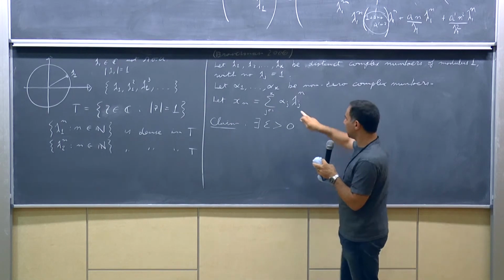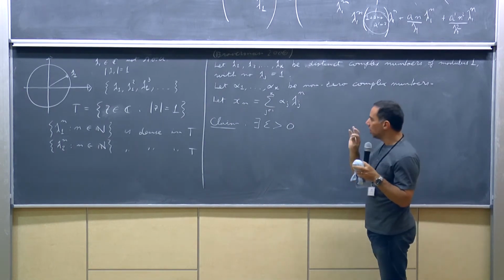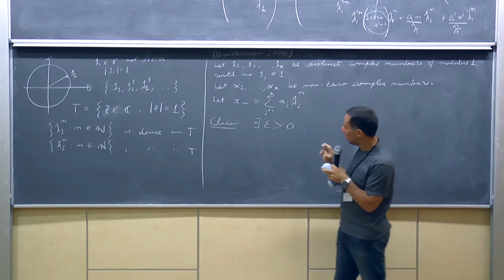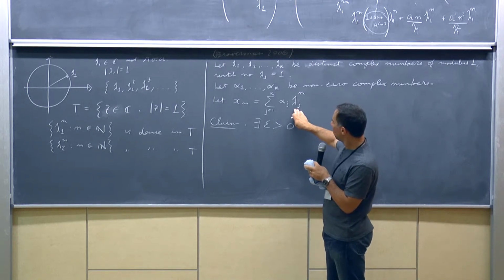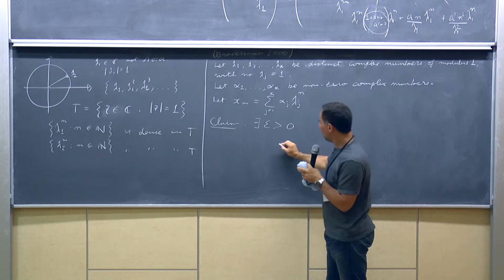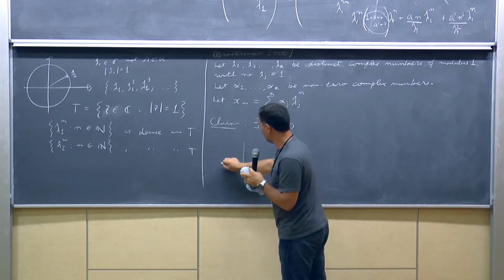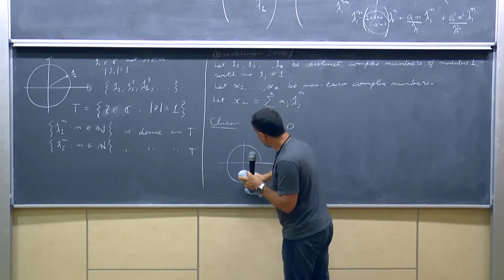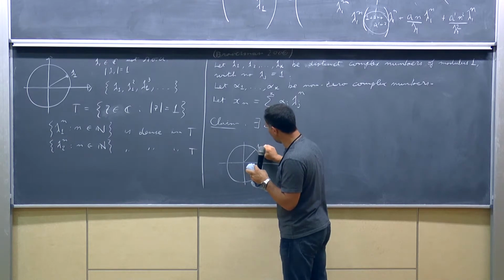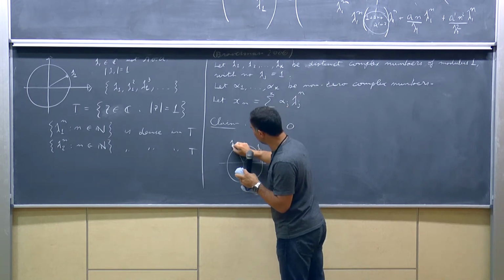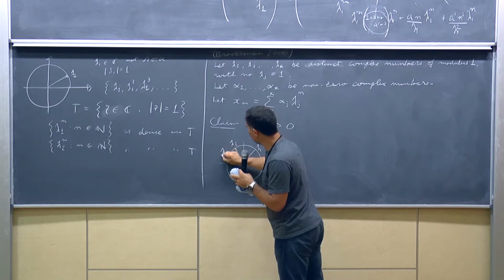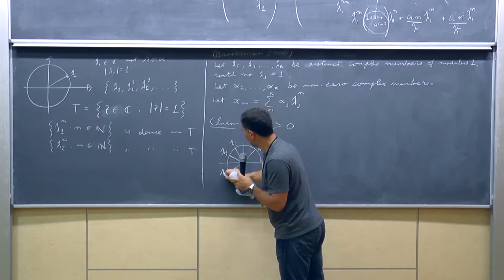I want to claim that this sum, actually, maybe I should let you think about this. So you see what we're doing here. Let me perhaps draw a picture, let you take this in. We've got numbers: lambda 1 here, maybe lambda 2 here, maybe lambda 3 here, and lambda 4 here.